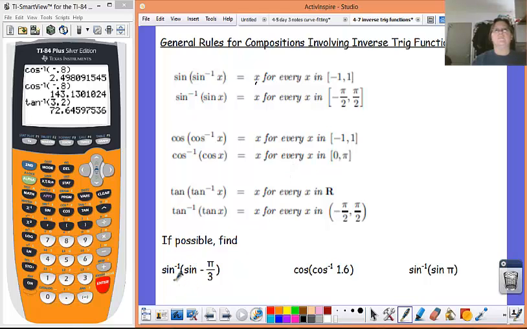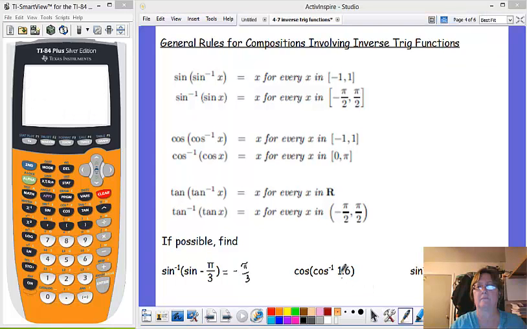So this first one says, find me the angle whose sine is the sine of negative pi thirds. As long as negative pi thirds is between negative pi halves and pi halves, then we're okay, and it is, folks. So this would equal negative pi thirds. Pi thirds is smaller than pi halves.